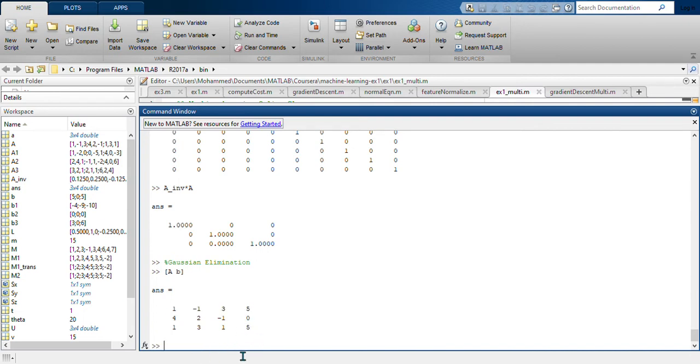Now we want to solve this, apply Gaussian elimination to this, and the way to do that is it uses a command called LU. Okay, it is called LU, stands for lower upper. It converts the matrix into 2 other matrices. One is a lower triangular and the other is an upper triangular, and we are interested in the upper triangular matrix.